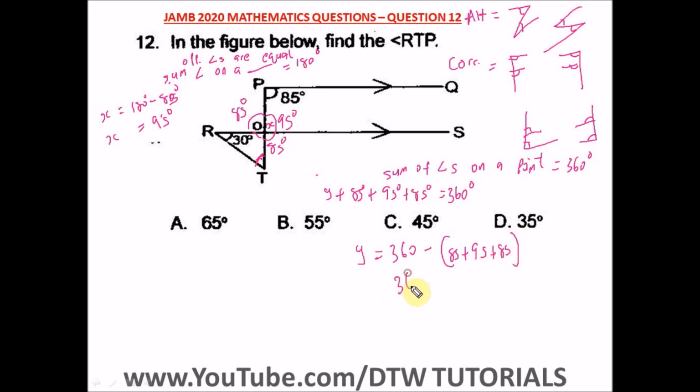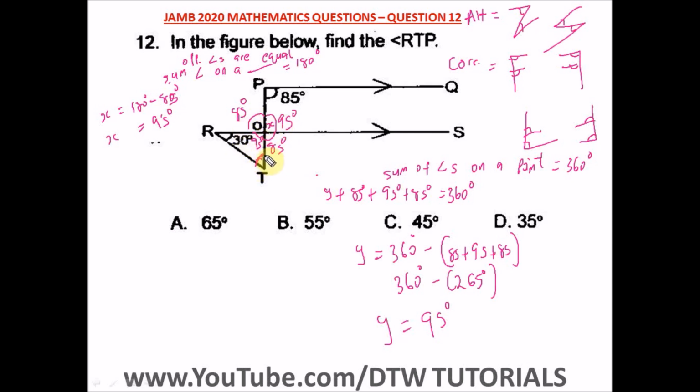When we sum all this up, we have 265 degrees. Don't forget these are degrees. So 360 minus 265 will give us what? 95 degrees. So y is equal to 95 degrees. So that means here is equal to 95 degrees. So we have found the angles here, here, here, and here.